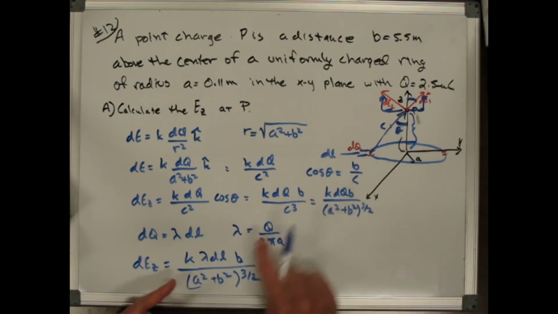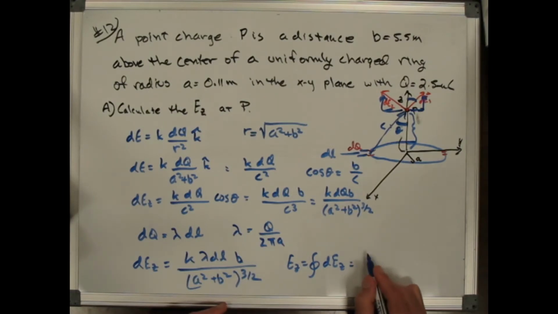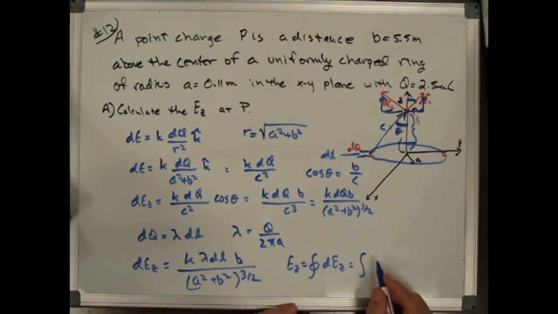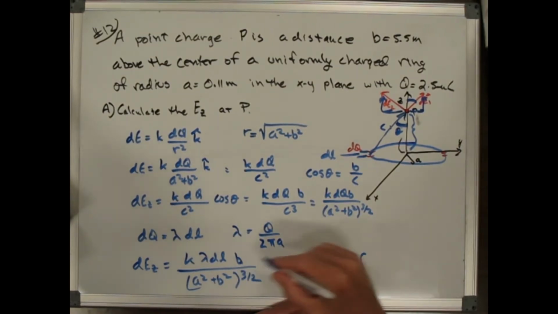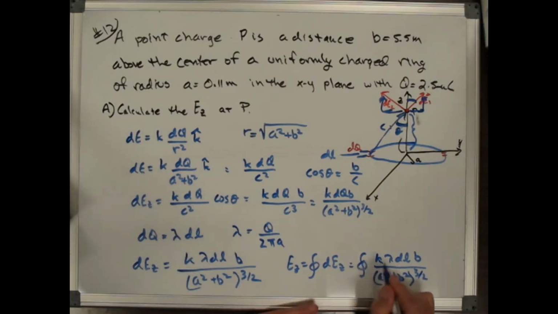And now I want to get Ez. That's just the integral around the circle of dEz, which is equal to the integral of this quantity, k lambda dl b over a squared plus b squared to the 3/2, around that circle.